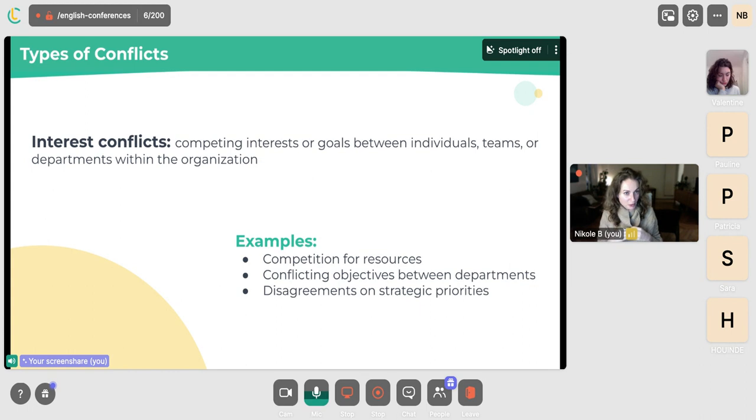So they're competing over that. It could also be over resources, like how many people my group could hire versus how many people another group could hire. This is what I mean by resources. It's not just financial. It could be human resources. It could be time. It could be anything. Okay? And this leads to disagreements in strategic priorities, like which department gets more.